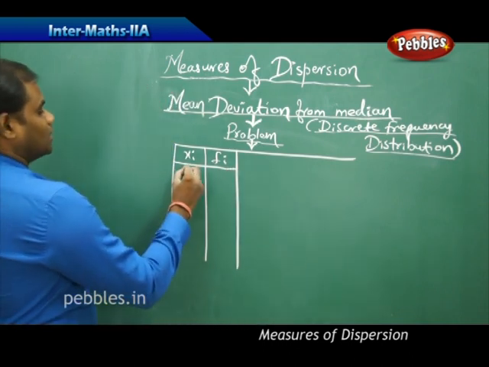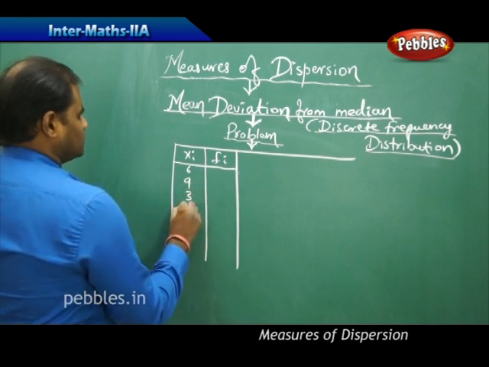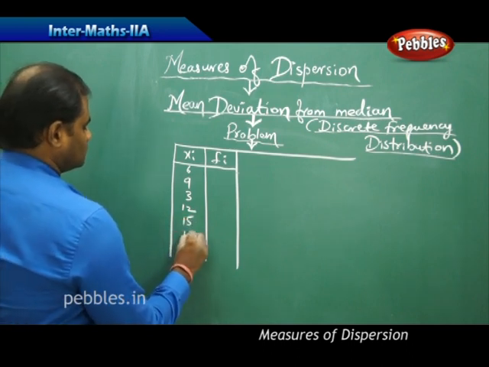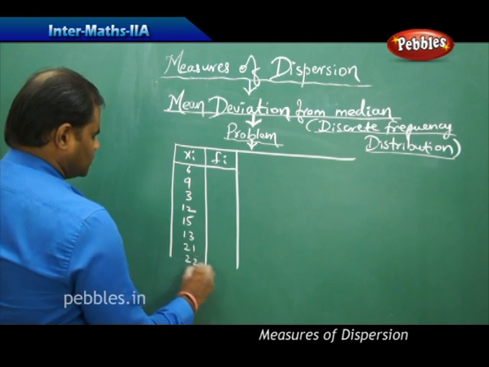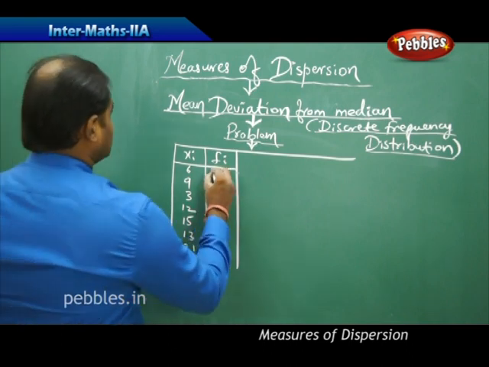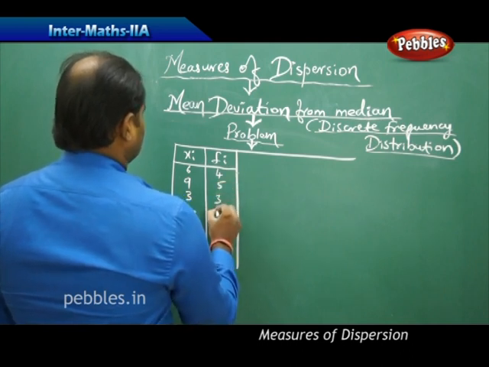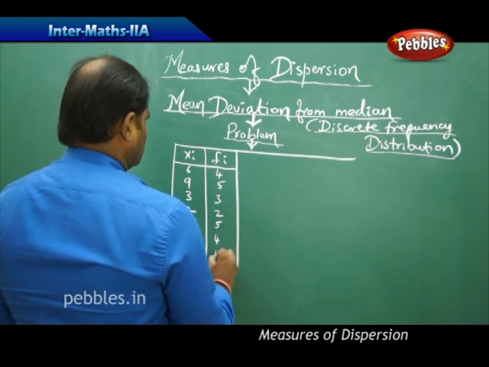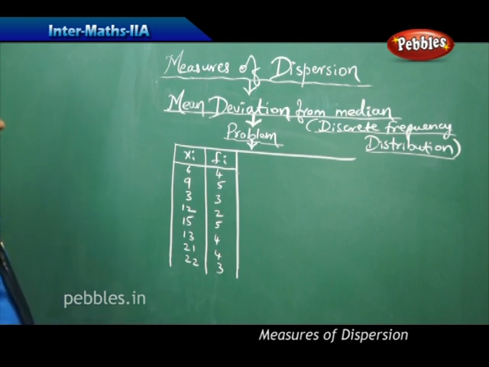The scores here are 6, 9, 3, 12, 15, 13, 21 and 22, and my frequencies here are 4, 5, 3, 2, 5, 4, 4 and 3.